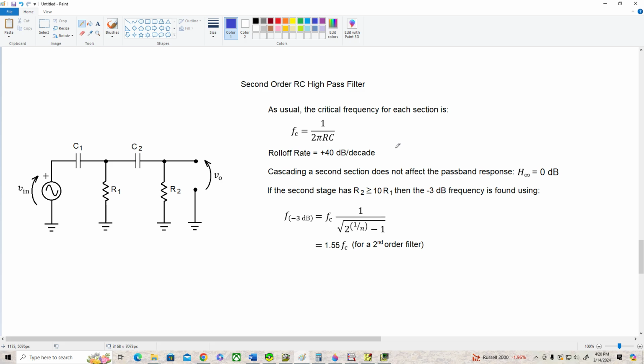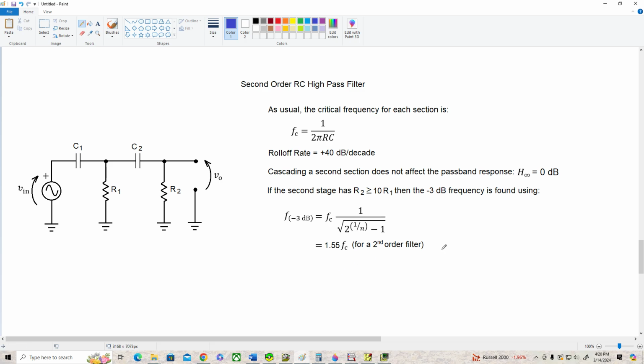And cascading a second section doesn't affect the passband response, but if we follow the rules I just developed in the last section, if we set R2 equal to 10 times R1, then we can find the 3 dB frequency using this correction factor. All right, so remember, scaling the impedance of the second section reduces loading on the first section, and it makes this equation more accurate.